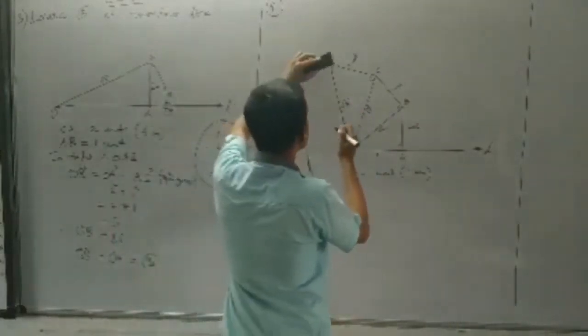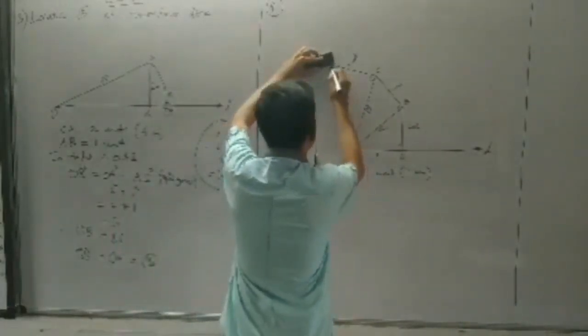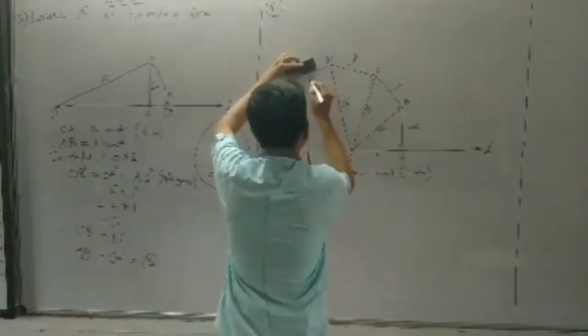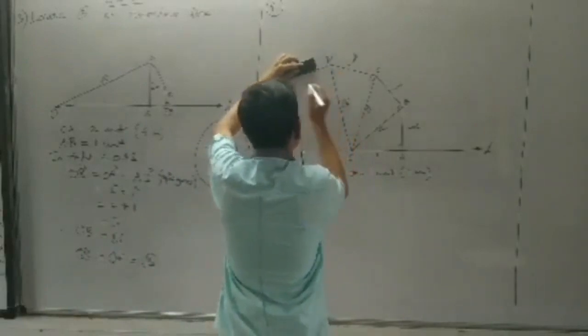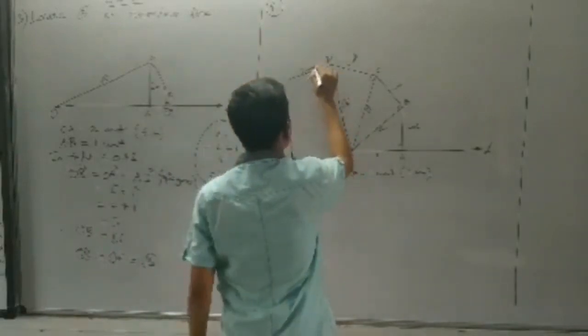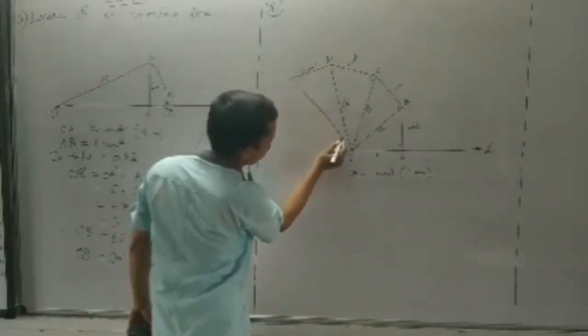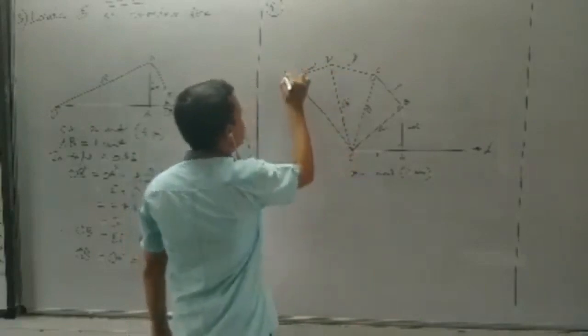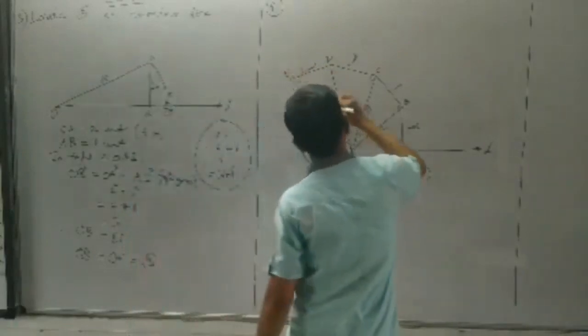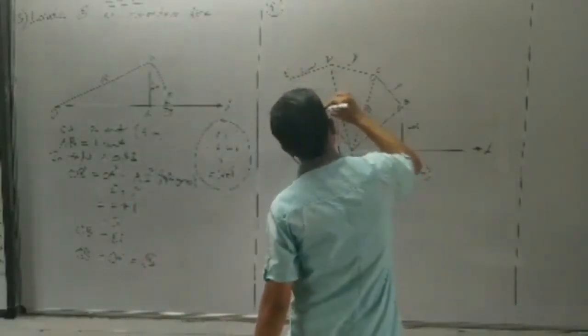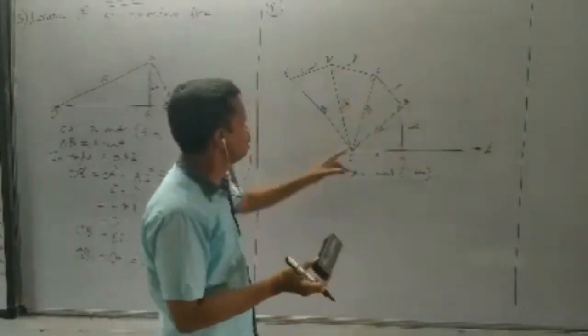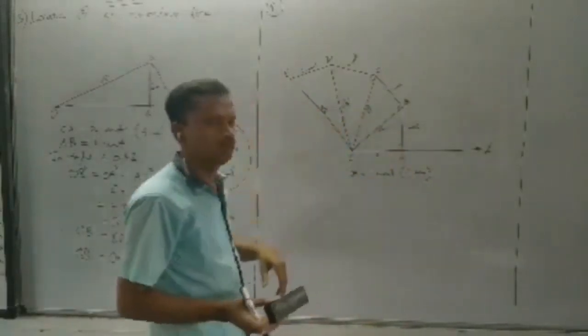So how? You have to draw a perpendicular here. Okay. Again, 1 unit distance. Draw a perpendicular. You have to join here, and it will be E. Now you get this root 5. Root 2, root 3, root 4, root 5. Now OE, you get root 5.